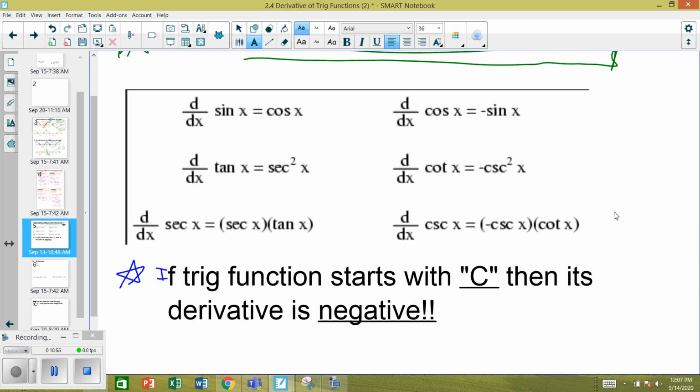And that's just a little something to help you remember which one's negative and positive. So what I'm saying is notice C, C, C, negative, negative, negative. All those derivatives are negative. So that's just something to keep in mind there, a little trick to help you out.